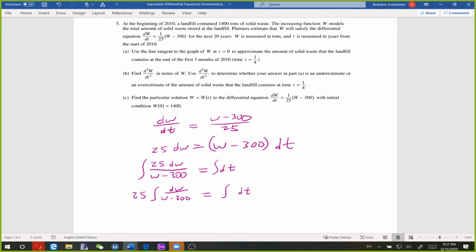Niall, for the left side, what do you think is going to happen when I integrate dw over w minus 300? What's going to happen when I integrate the left side?